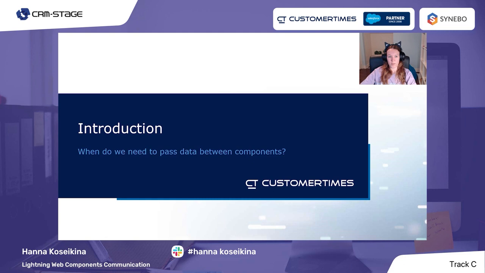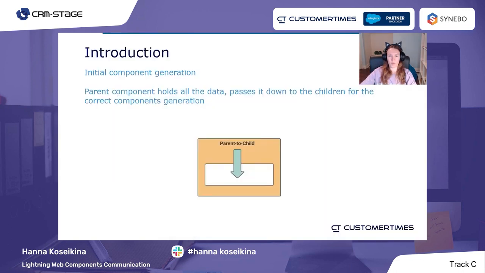When do we need to pass data between components? There is a big variety of possibilities or options when we need to do that. First thing is when we are passing data from parent component to child component. When parent component holds all the data, it passes it down to the child component for the correct component generation.